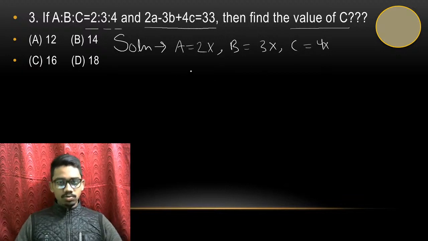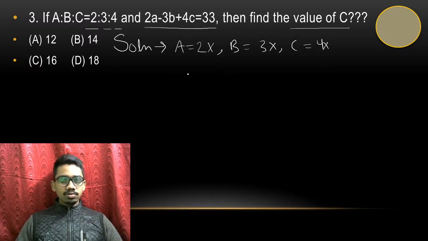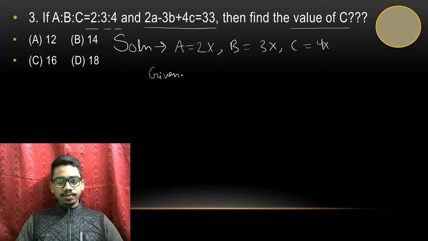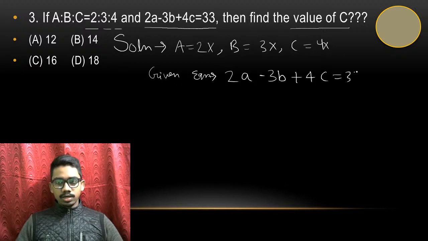So what do we need to do? We need to substitute the values of A, B and C in the equation. So the given equation is 2A minus 3B plus 4C equals 33.